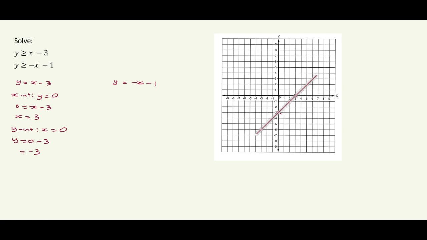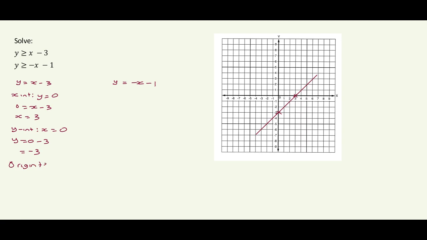Next thing we're going to do here is find the region that satisfies this inequality. Because it's greater than or equal to, we don't have to create dotted lines, we have solid lines. Above the line is going to be greater than or equal to, so we can start with the 0, 0 origin test.